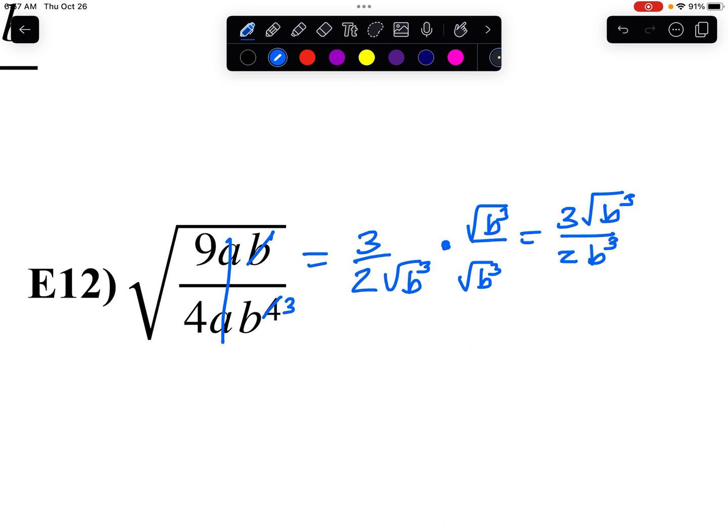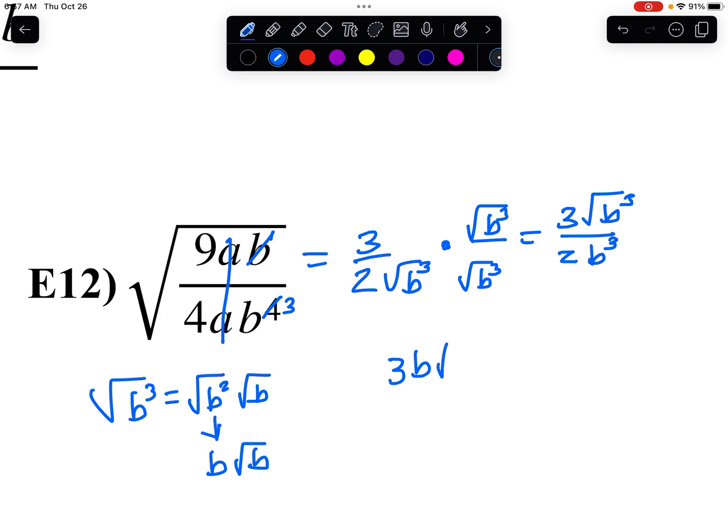This is just one way to do it, but I like this way. Now I've got to simplify the square root of b cubed. Well, that's the square root of b squared times the square root of b, isn't it? And the square root of b squared is b. So my numerator is going to be 3b square root of b all over 2b cubed.